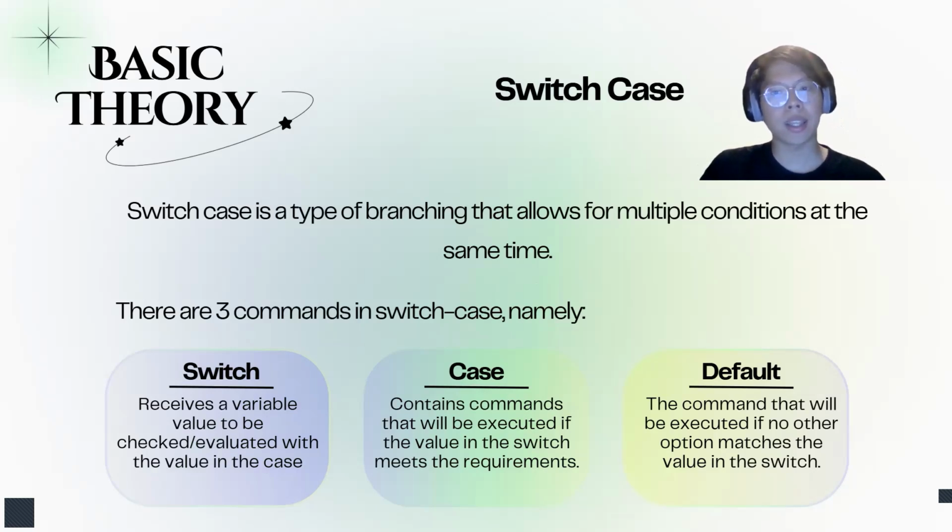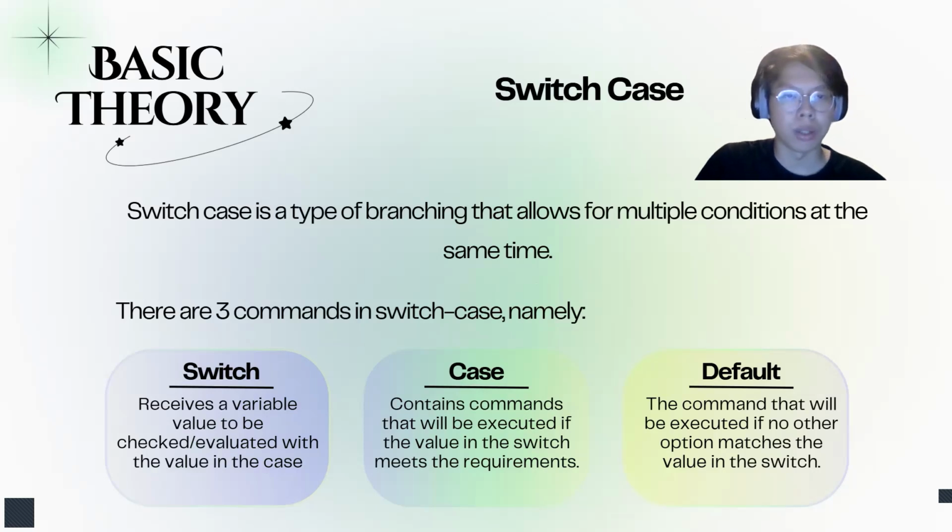What makes switch case different from if-else? Firstly, it has 3 commands to execute its principle, and more relevantly, a switch case is easier to read for users or developers.